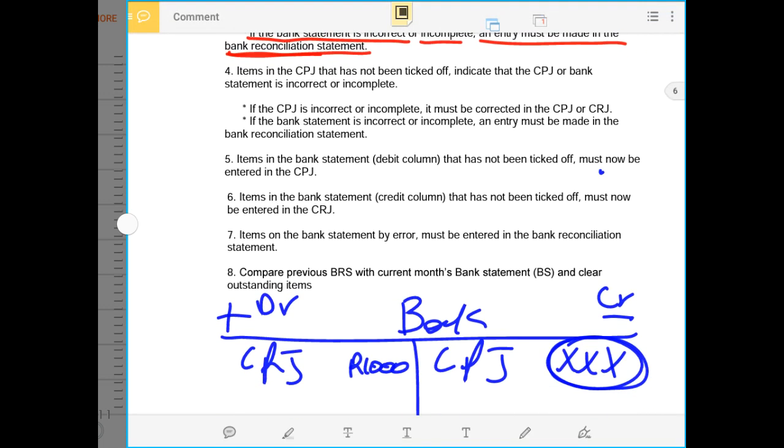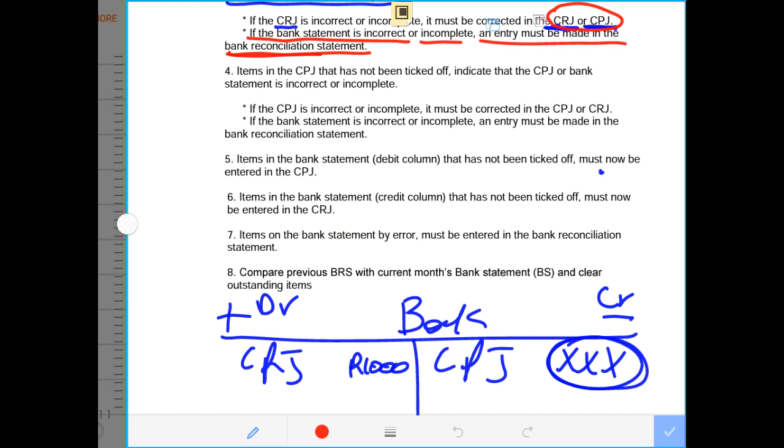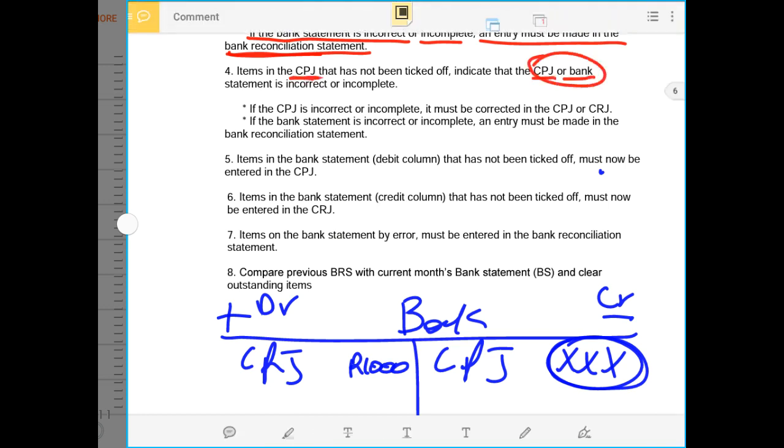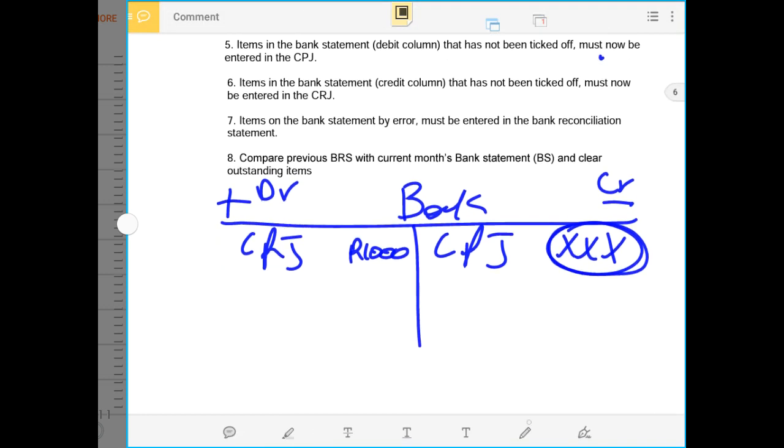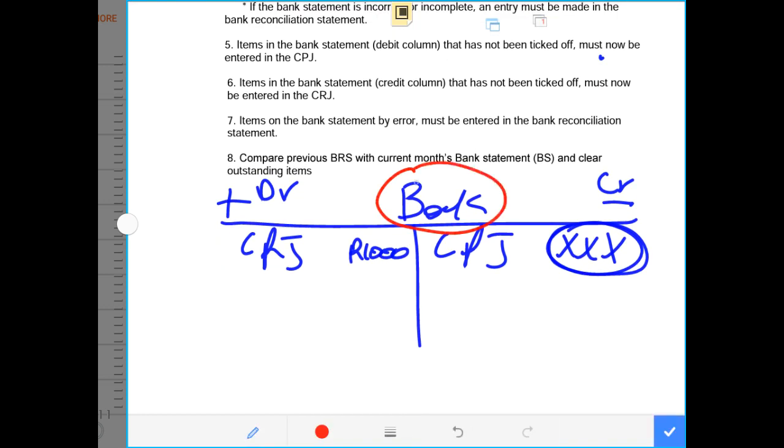Then after that we go to procedure number 4. Procedure number 4 says that items in the cash payment journal that have not been ticked off indicate that the CPJ or the bank account, remember when they say cash payment journal or bank account, they are referring to this ledger account, because the bank account on the credit side is the cash payment journal.